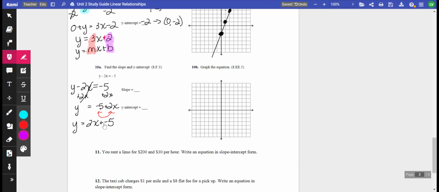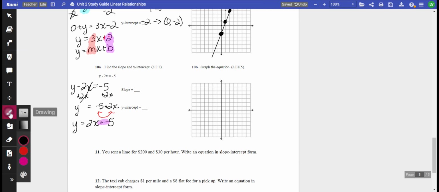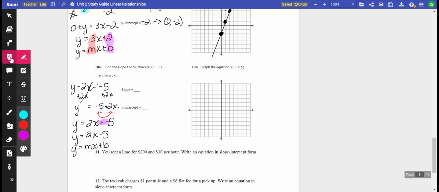And I know you're thinking, wait, we can't leave it like that. Of course we can't. That's why we're going to simplify it. y equals 2x minus 5. Again, we can't leave it as plus negative. Okay, so now we can identify the slope and the y-intercept. So y equals mx plus b. My slope is going to be a 2.